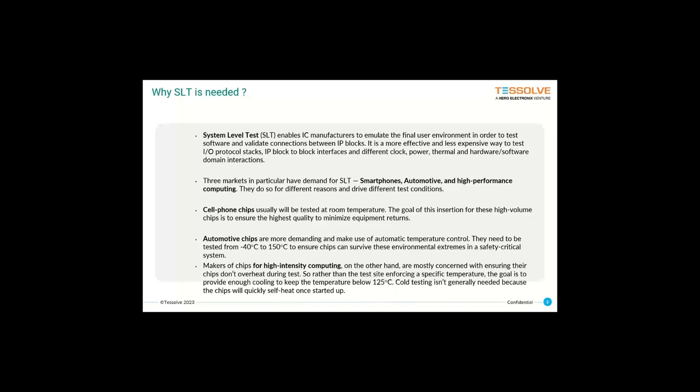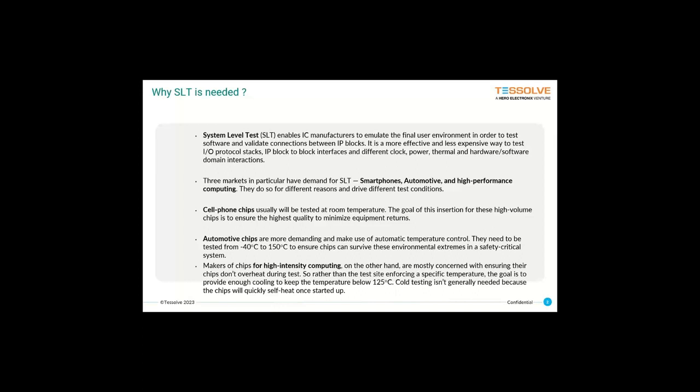Right now there are three important markets where SLT is used. These are the major markets: one is mobile phones, another is automotive, and the third is high performance computing. These are the three markets where it is widely used.